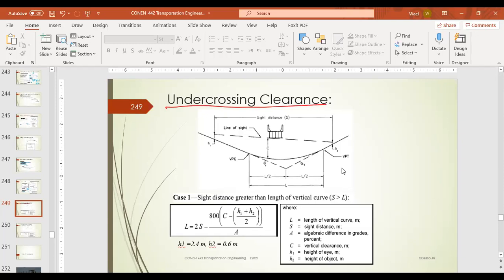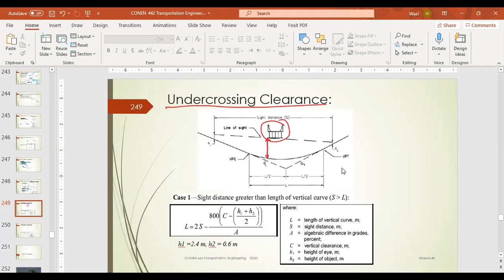Okay, so that's the case where we have a bridge going over a vertical curve, or a vertical curve going underneath a bridge, and that's the clearance.